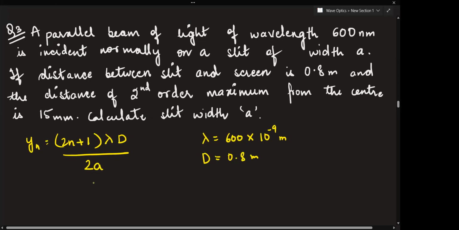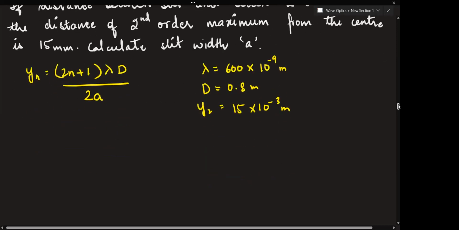Now a we have to calculate, and y2 is given to us. That is 15 millimeters for the second order maximum, so it would be 15 into 10 to the power minus 3. Since it is the second order, we write n equals 2.